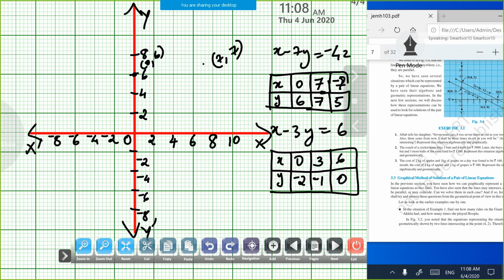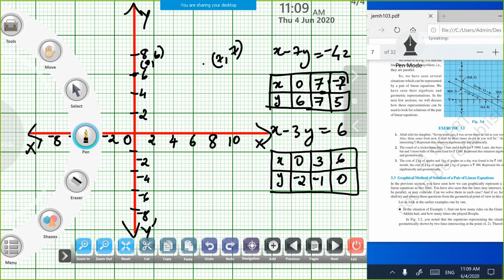Then next, x is equal to minus 7, y equal to 5. Plot minus 7, 5. Draw the graph.